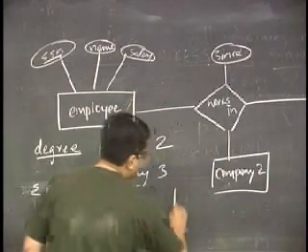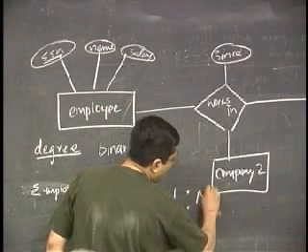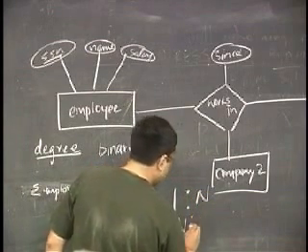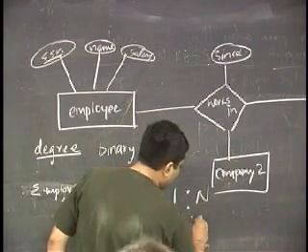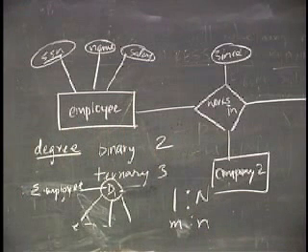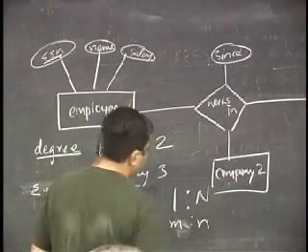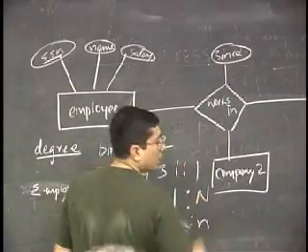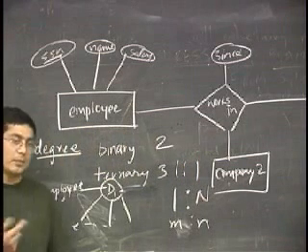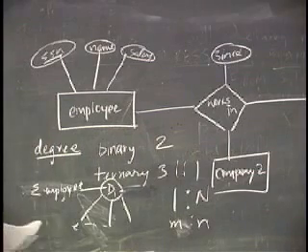So you could have cardinalities of the form 1 to n, or n to m, where you totally open it up: a manager can do as many departments as he wants, and each department can have as many managers. Or you could have 1 to 1: one manager can only do one department, and a department can also have only one manager.